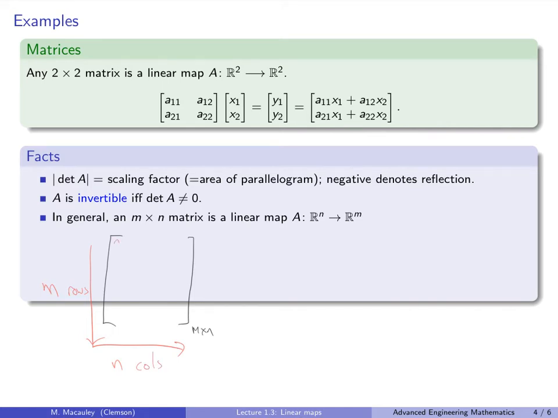So that means that these entries are A11, A12, and A1n, A21, A22, A2n, and this goes down to AM1, and then up to AMN.